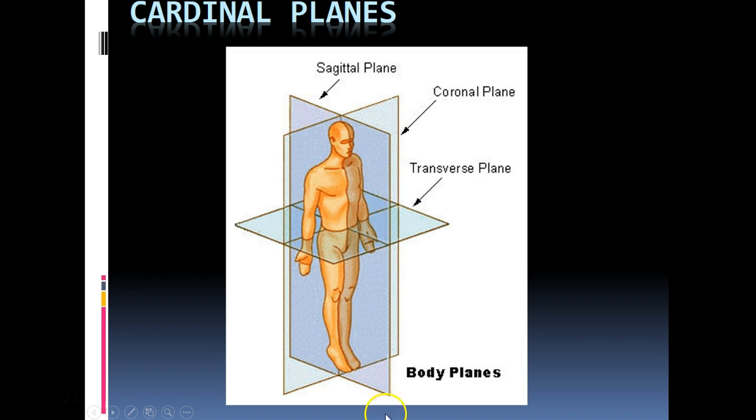So at the hip, that'd be hip flexion, extension, knee flexion, extension, and at the ankle, we would call it dorsiflexion, plantar flexion. Our next plane that we have is the coronal plane or the frontal plane. The frontal plane or coronal plane bisects the body into anterior and posterior halves.